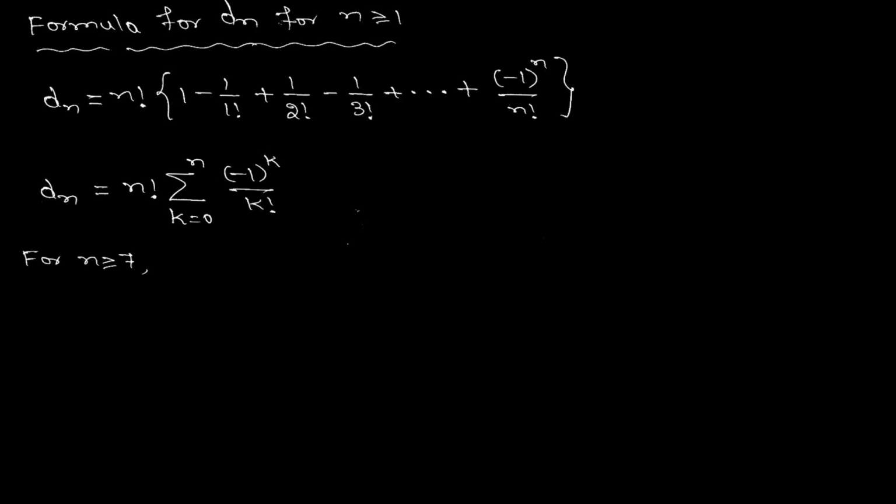Now suppose n is greater than or equal to 7. The direct formula is Dn is approximately equal to floor of n factorial into e to the power minus 1, because this is nothing but the expansion of e to the power minus 1.